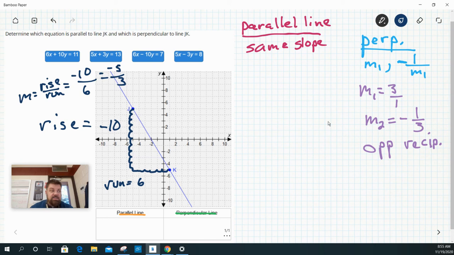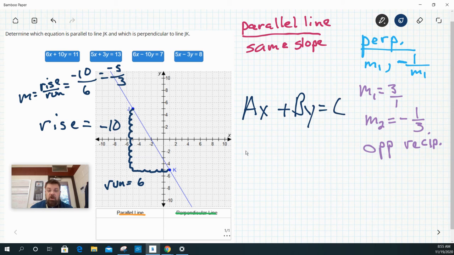Now, in the next section, on some of these examples, I'm going to show you how that works. But basically what I'm looking for is that all these equations are written in ax plus by equals c form.